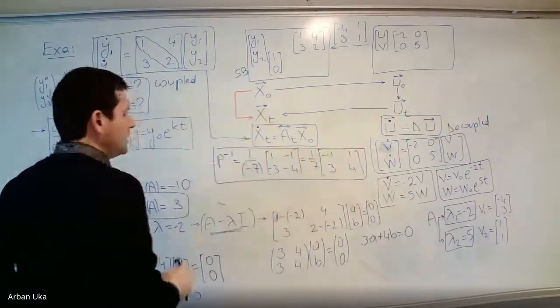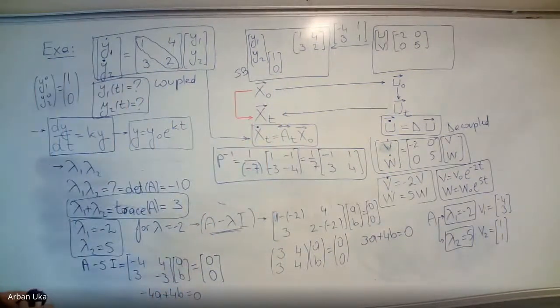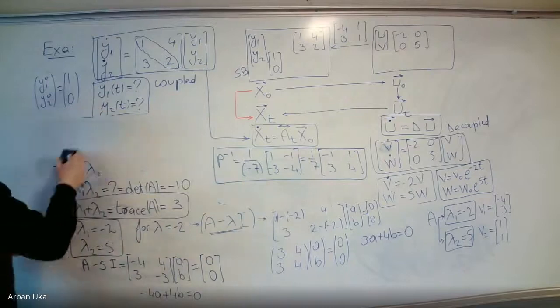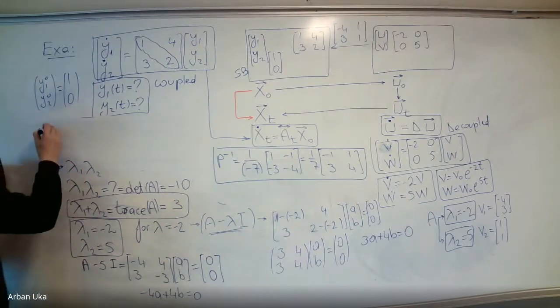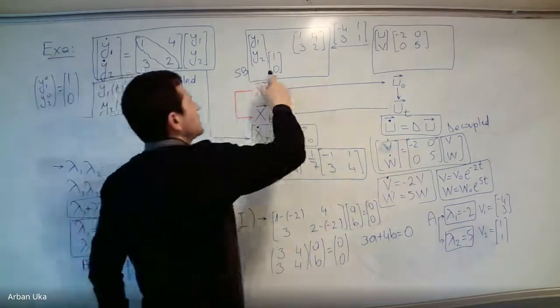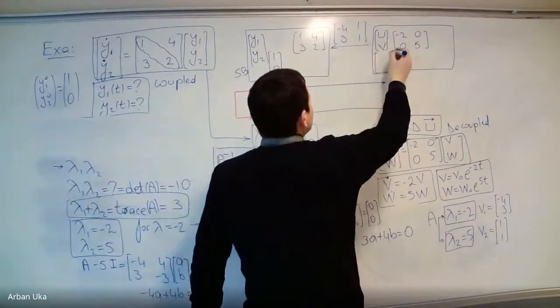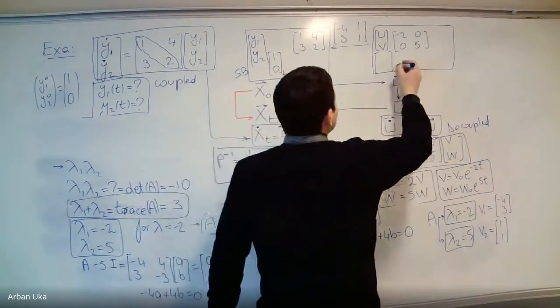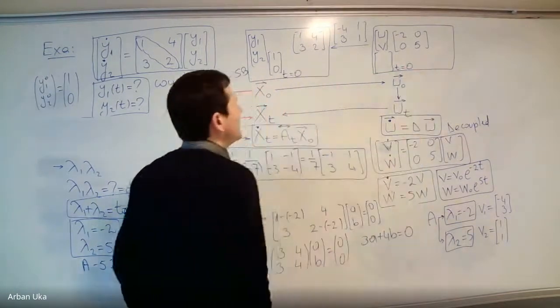So now that we know the P inverse, we can find u0, the initial condition, so this is 1, 0. What is the initial condition here? So let's write this one when t is equal to 0.